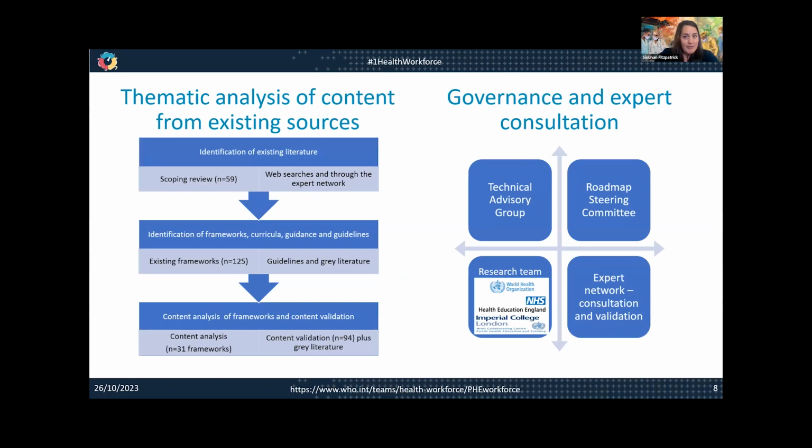So we had a scoping review, as well as web searches and the expert network, to identify 125 existing competency frameworks. We also looked at guidelines, guidance, policy documents and strategies around the different aspects of public health and emergencies.